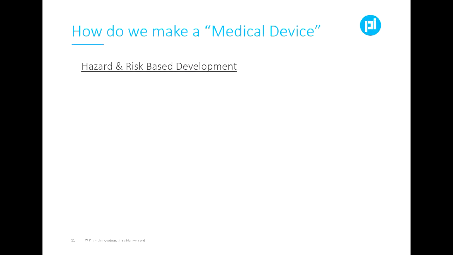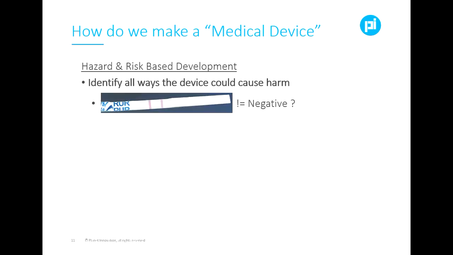We make a lot of medical devices at Planet Innovation and generally follow quite a prescribed hazard and risk-based development process, which, to oversimplify it potentially, really comes down to identifying all the ways that device could potentially cause harm to the patient. In the case of a reader like this, the most obvious one is, if we give an incorrect result, we've got big problems. You could get an incorrect treatment and therefore do harm.